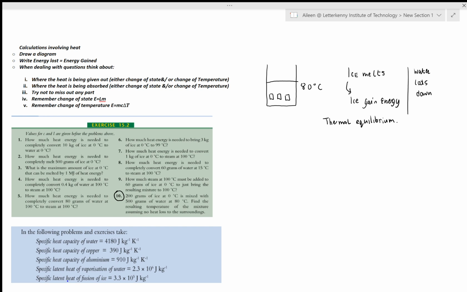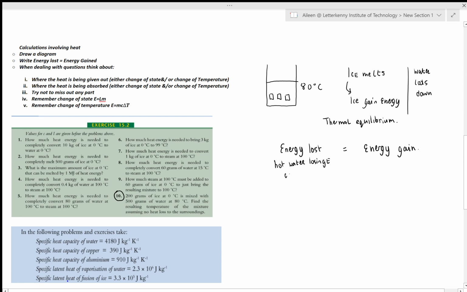All right, let's set up our equation. So the energy lost by one system will be equal to the energy gained by another. In this case, what is losing energy? Well, our hot water is losing energy by changing temperature. So our water is going to cool down. It's going to lose some of its kinetic energy.